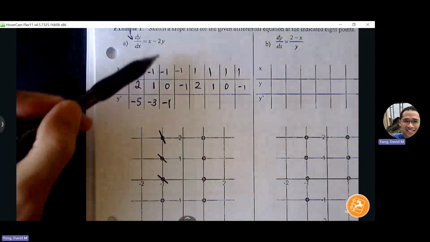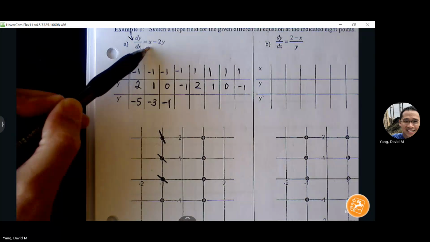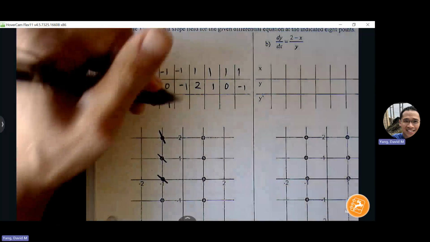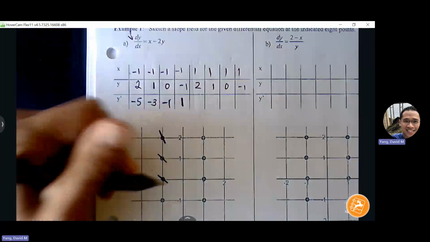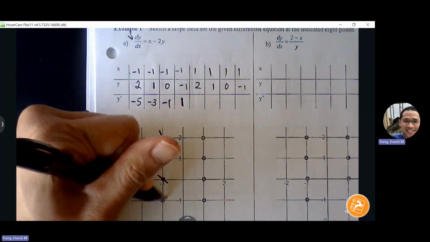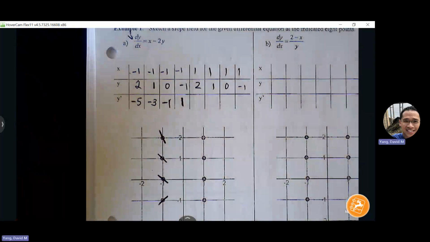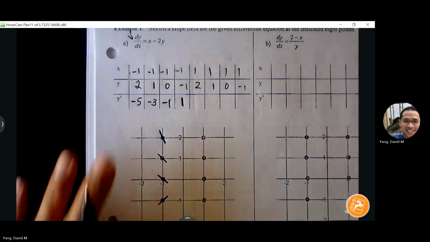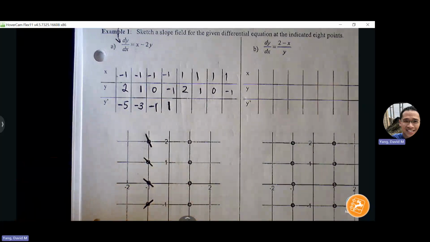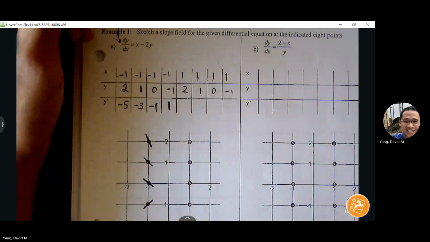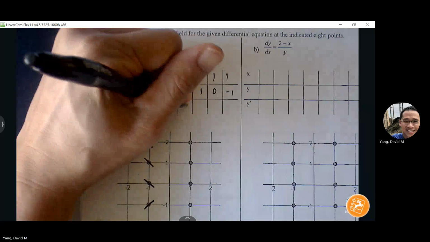Okay. -1, -1. -1 plus 2 is 1. So now we definitely have to change the direction of that slope, right? We're going to make it a +1 slope. Okay. And we're just going down the line here. Plug 1, 2 in.